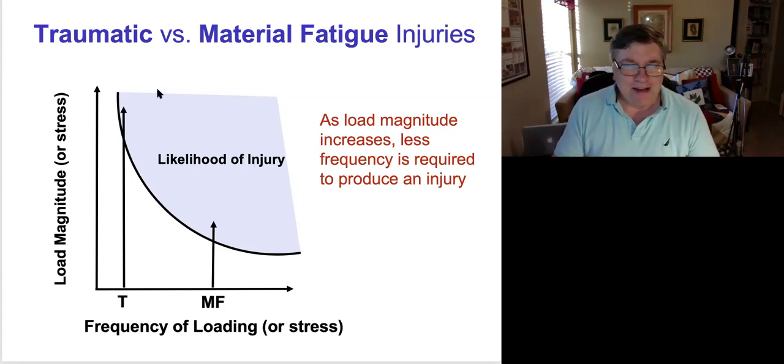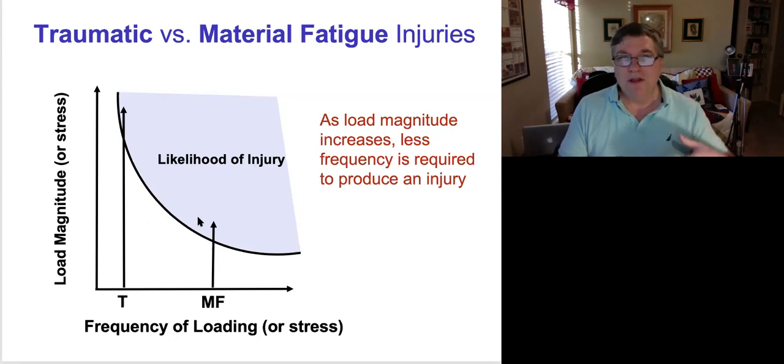Okay, so back to our slide. Again, traumatic injury, we have a low frequency of loading, really high load magnitude or intensity or high stress. Material fatigue, again, it's like delayed onset muscle soreness or like a stress fracture or tendonitis.